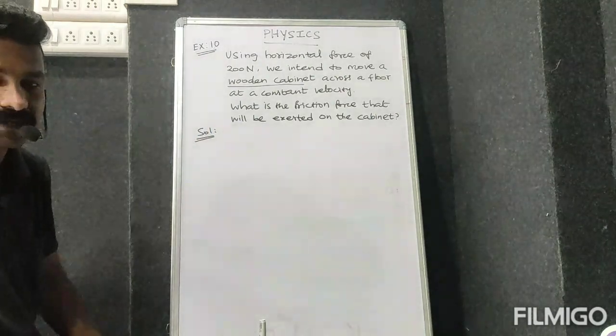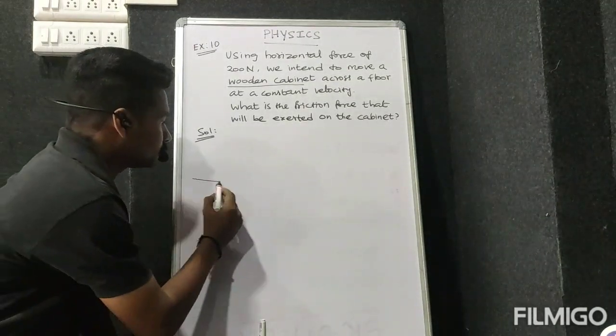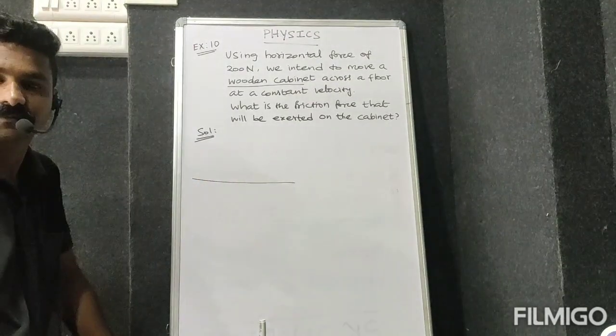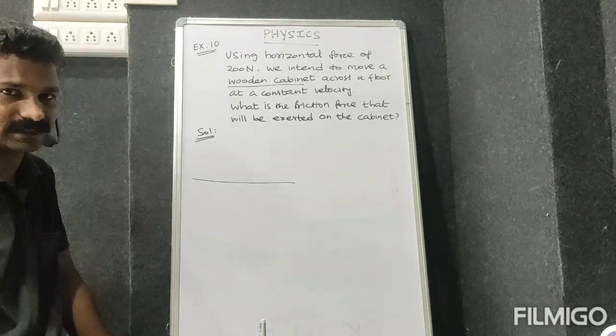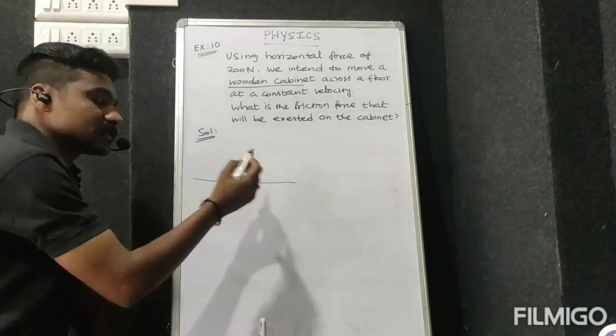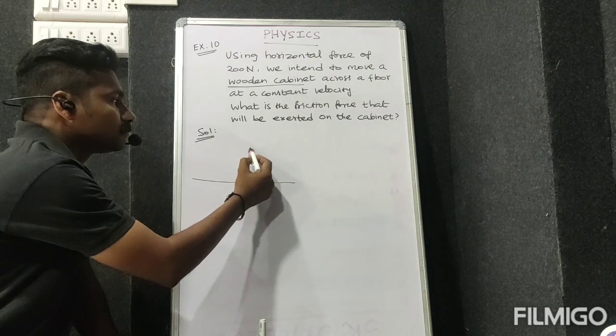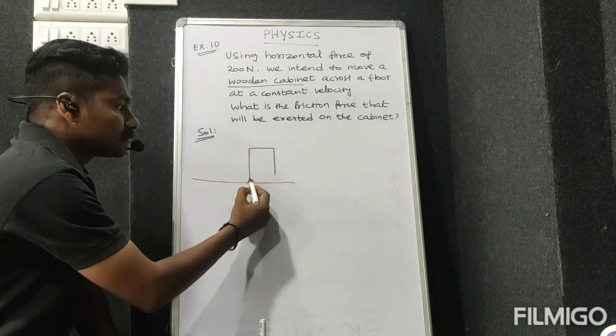So actually, the question is saying there is a horizontal floor, not vertical, and it is a horizontal force. On the horizontal floor there is a wooden cabinet, like a cupboard.